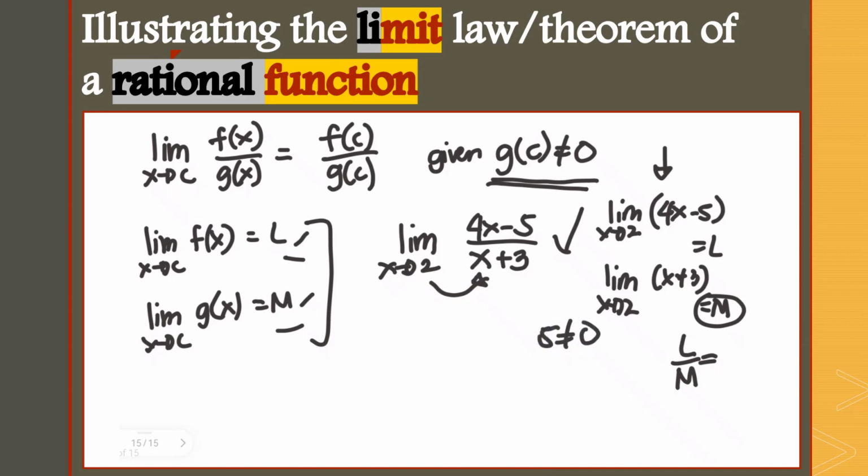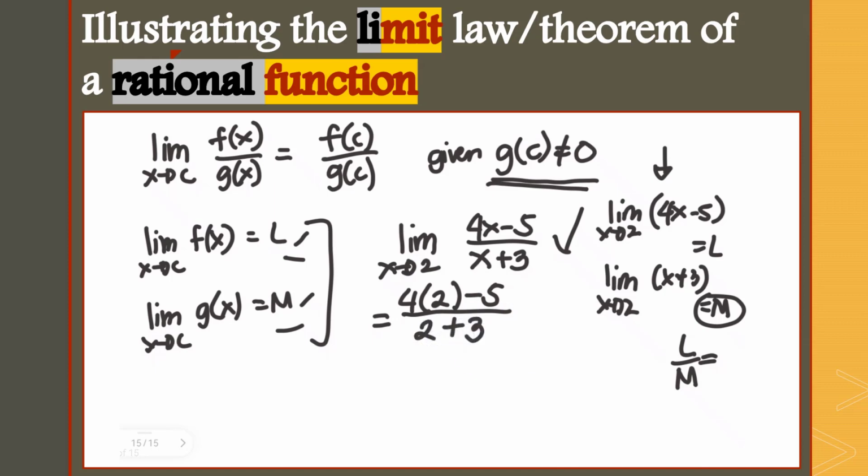So we can apply this limit theorem, because if this is equal to 0, then we are going to use a specific process, and we will have an example for that later. So let's continue with automatic substitution, because we know that the denominator will not be equal to 0. So this would become 4 times 2 minus 5 over 2 plus 3.